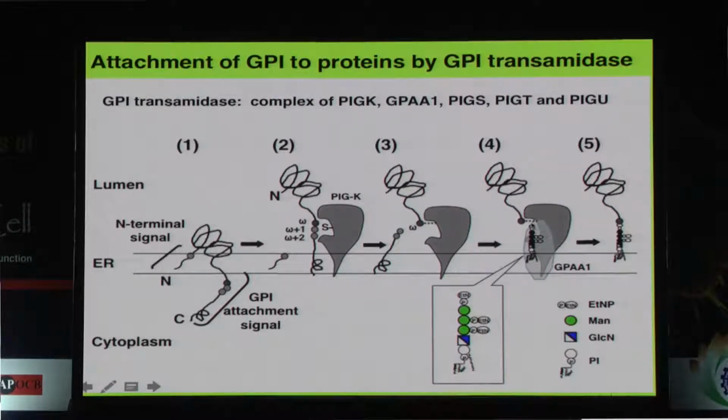And by this nucleophilic attack, the GPI-anchor is finally attached to the omega site amino acid. The GPAA1 protein is a peptide synthetase-like protein. So it is thought that GPAA1 mediates this final reaction. So the GPI attachment to the protein is a transamidation reaction.